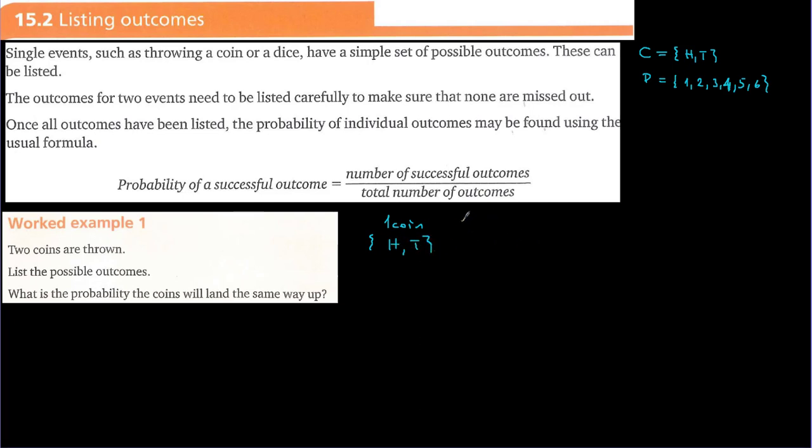For the second coin, there are 2 possible outcomes again. Here the elements of the first coin, I mean the 2 sides of the first coin, head and tail, are going to combine with the head and tail of the second coin.